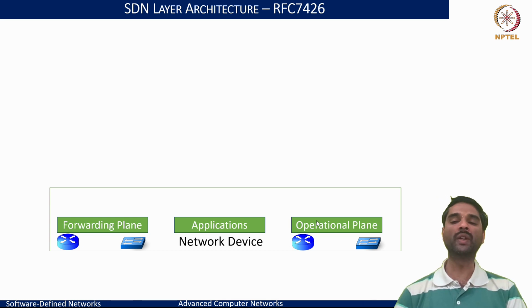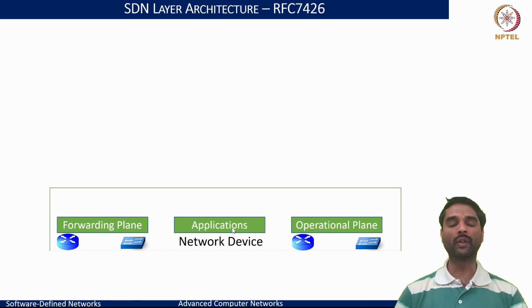For example, SNMP, when you want to transmit the data, there may be some operational packets that are being processed for this case. And the applications in large constitute the functionalities for the forwarding plane operations and operational plane operations within these networking devices. And this is the model of any switch or a router that we consider.